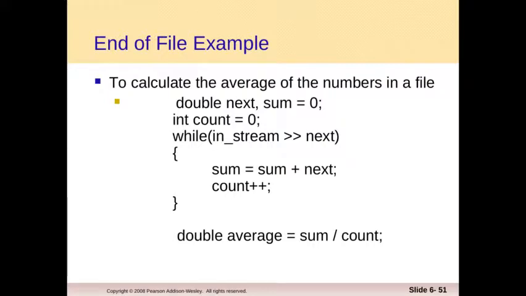And so we don't go into the loop body again, but instead we go down here and we assign to the variable average sum divided by count. Yeah? So this is a very typical way of using this extraction operation to control the iterations of a loop. Yeah, clear? Okay.